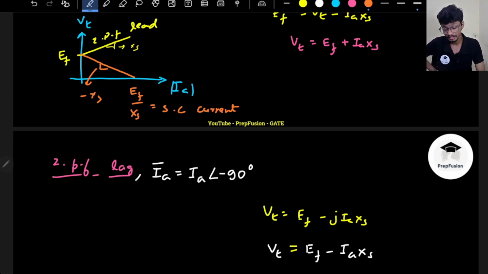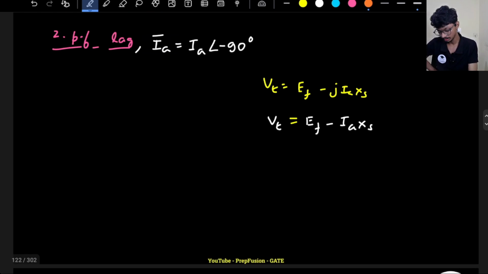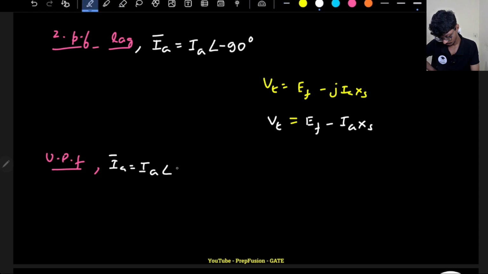Now what will happen for a unity power factor? Let us discuss unity power factor. For unity power factor, your Ia current will not have any angle. Ia and Vt will be in the same phase. This will be Ia angle 0.